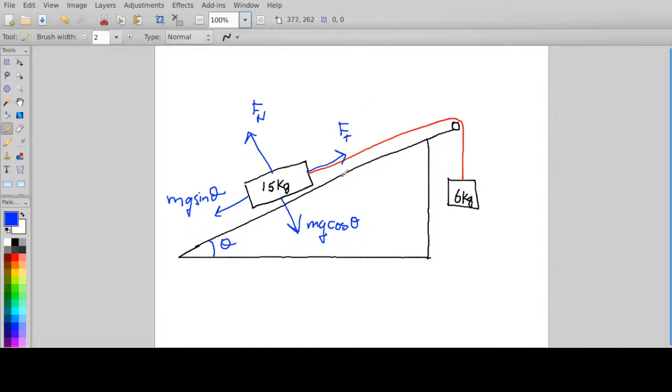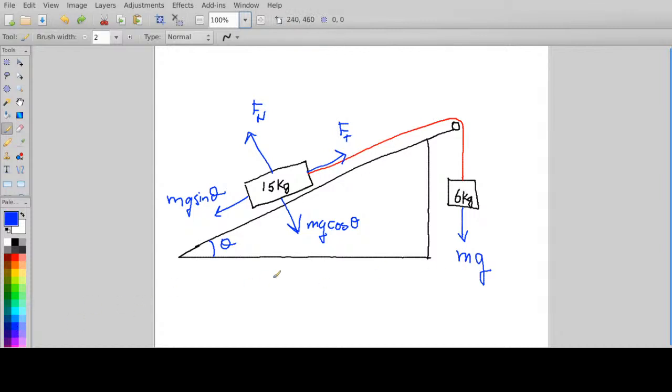We'll put numbers in a minute, but since we're at it, we might as well do the free body diagram for the other mass. The 6 kilogram mass has a weight down here of mg. But maybe we should be careful rather than calling it mg. The danger is that now you have two mg's. This mg over here you want to put 15 in, and the other one you want to put 6 in.